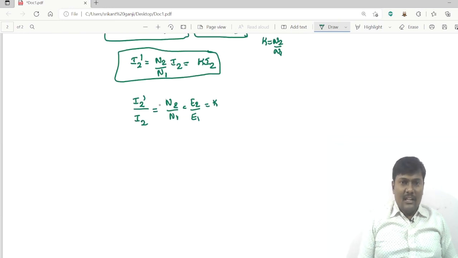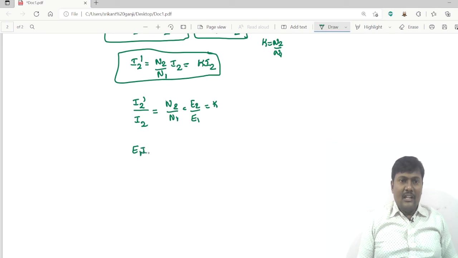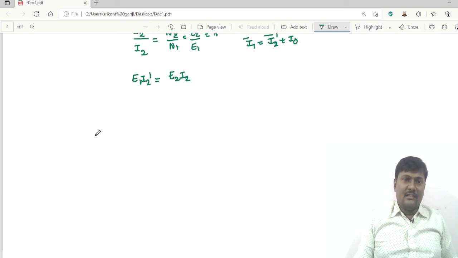So cross multiplying EMFs and currents, E1 into I2 dash is equal to E2 into I2. And I1 is the primary current: I1 bar is equal to I2 dash bar plus I0.